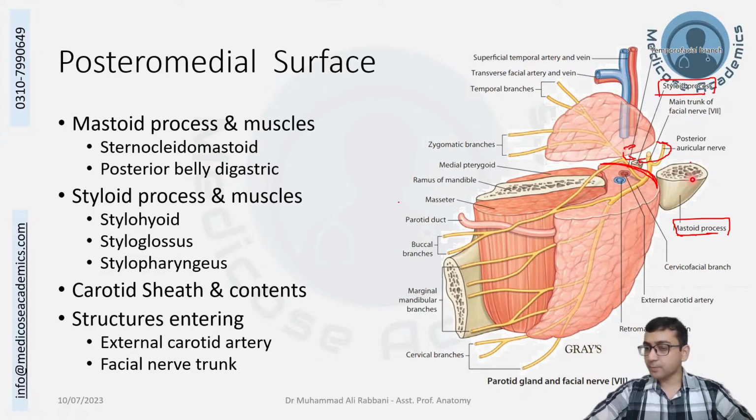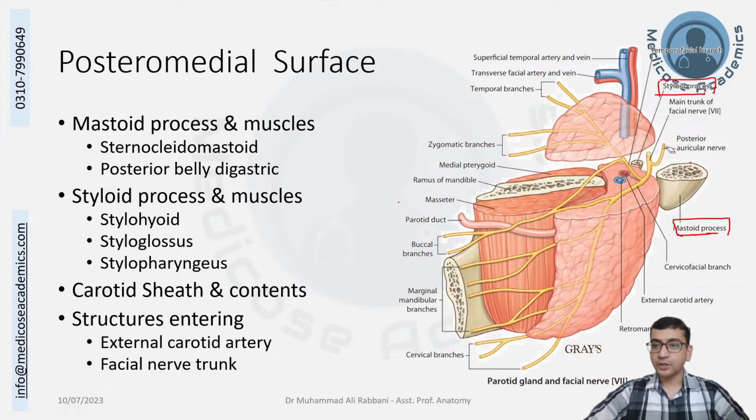So we talked about the mastoid process and two attached muscles, the styloid process and three attached muscles, one ligament, and just medial to it the carotid sheath with all of its contents. There are the internal jugular vein and common carotid artery at this level, internal carotid artery at this level with the vagus nerve, and we are left with the structures that are entering the parotid gland.